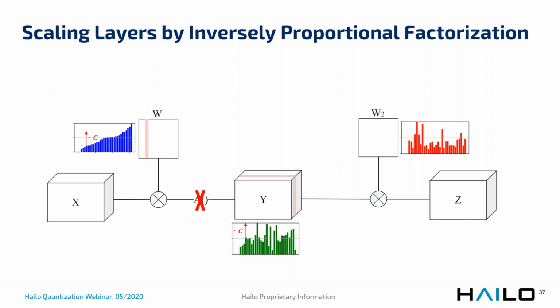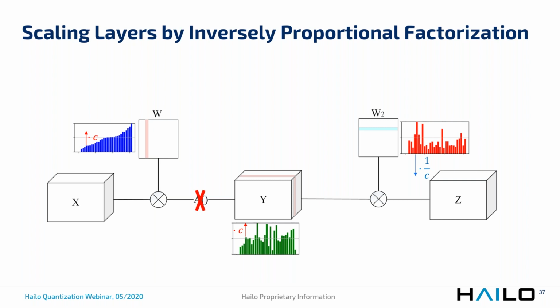Okay, but we've changed the behavior of the network by doing this, so we have to compensate. But since our system is completely linear, we can simply attenuate the weights of the next layer, and that would make the output of the whole network unchanged.